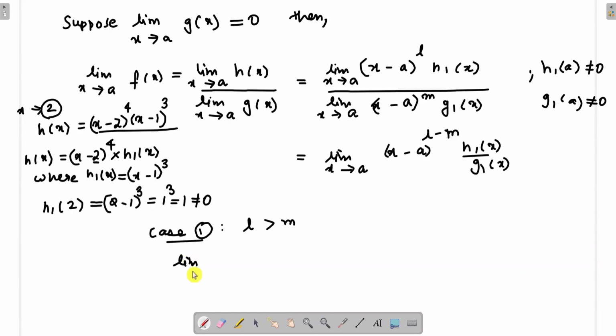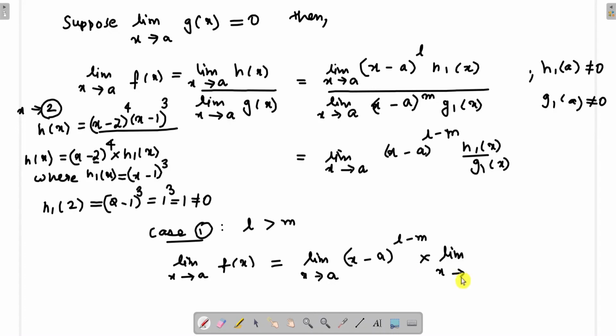We will have limit x tends to a of f(x), and that will be equal to limit x tends to a of (x minus a) raised to l minus m multiplied by limit x tends to a of h1(x) by g1(x). Okay, so this limit we have to now see.